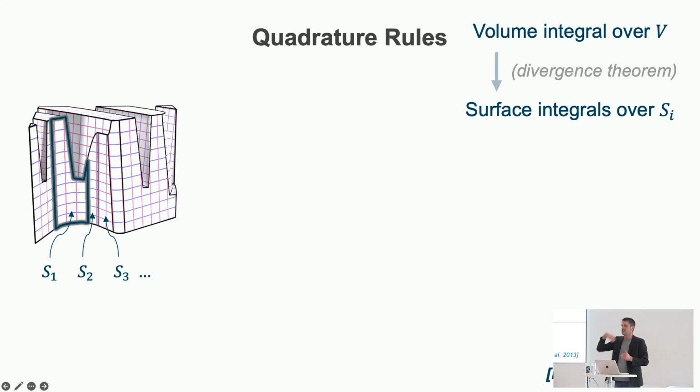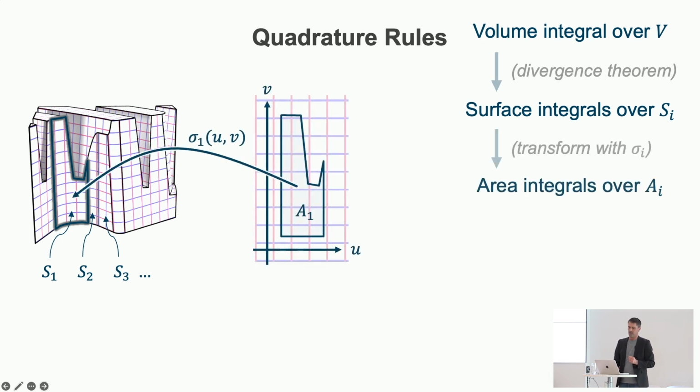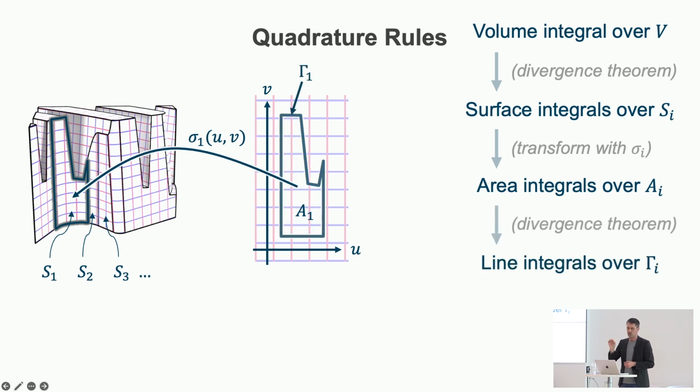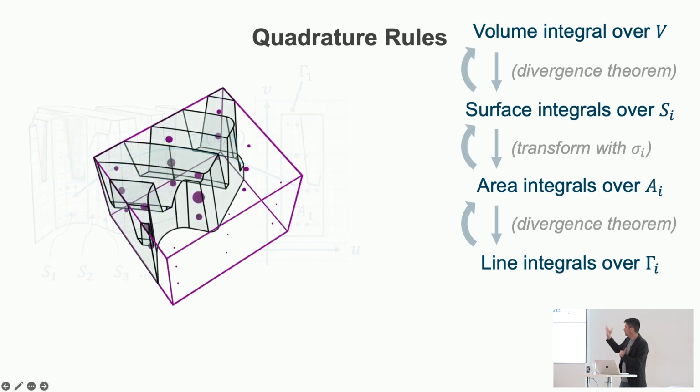And you can now do these nested rules, so you can break the surface down into flat patches, and then these area integrals on these flat patches, you can again reduce to line integrals, and then just compute these values of these line integrals and then propagate this back. And by doing this, you can super efficiently and very accurately do this integration over complicated domains.